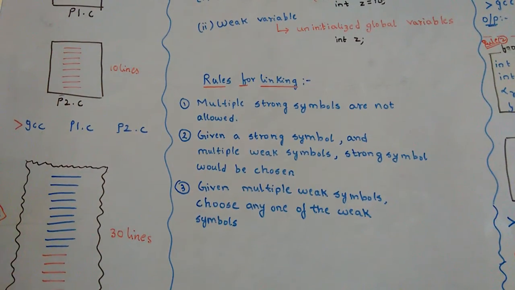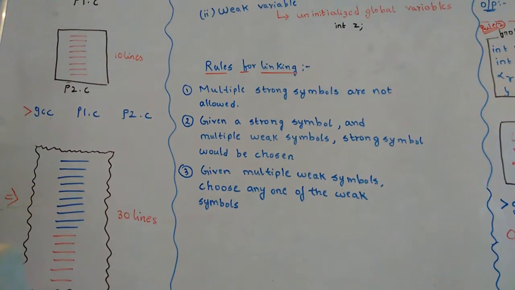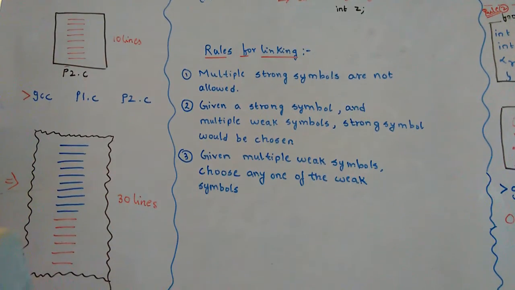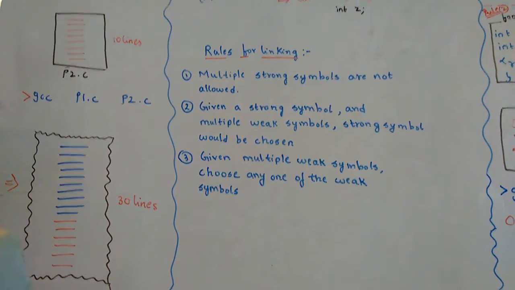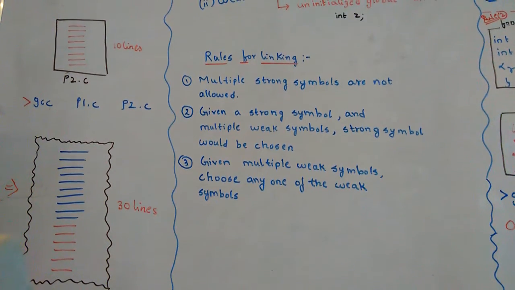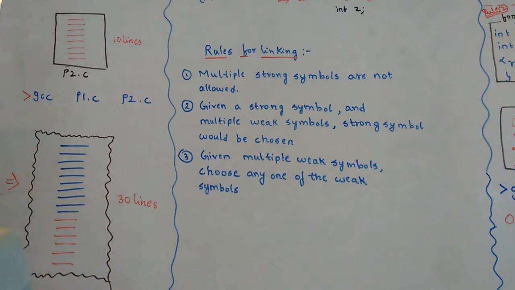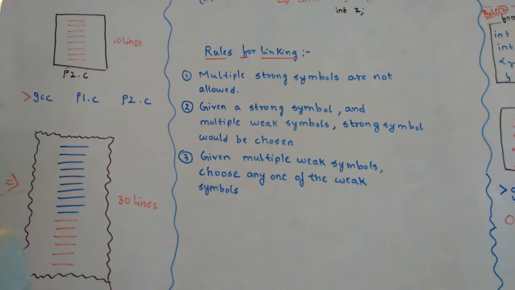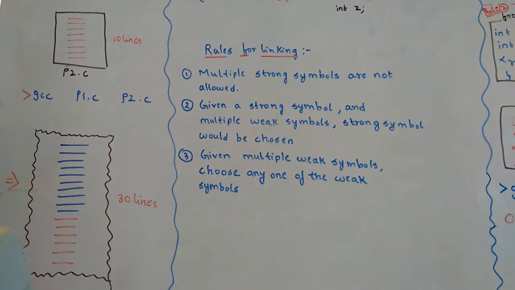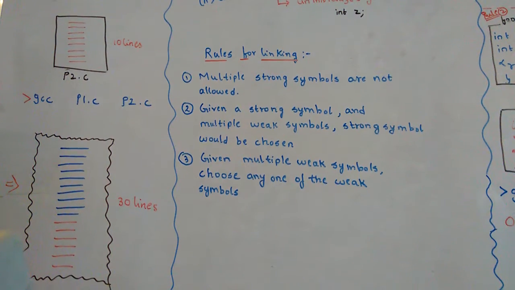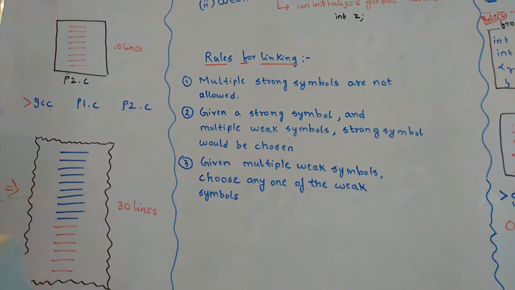So I have represented p1.c in blue ink and p2.c in red ink. If I want to link it, I should say gcc p1.c and then p2.c. If I say that in my Linux terminal, these two programs would be linked.